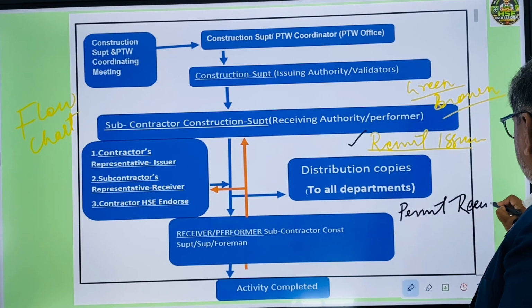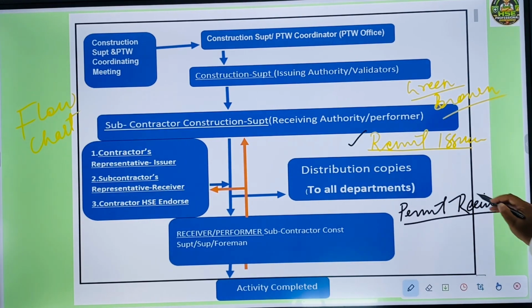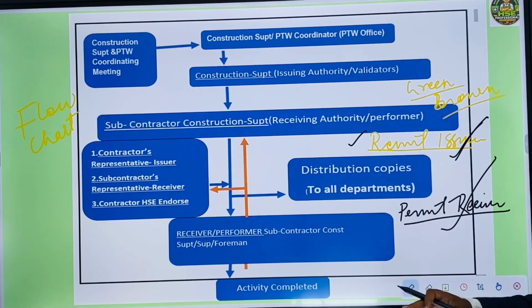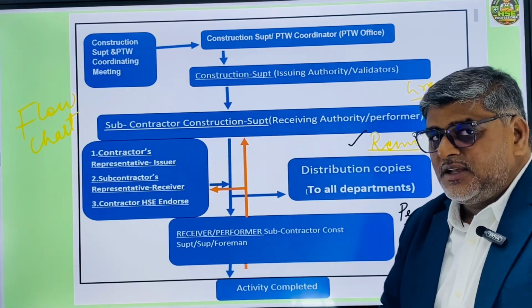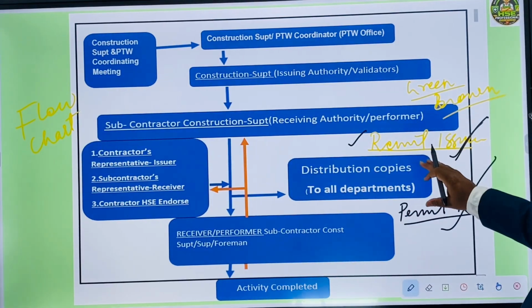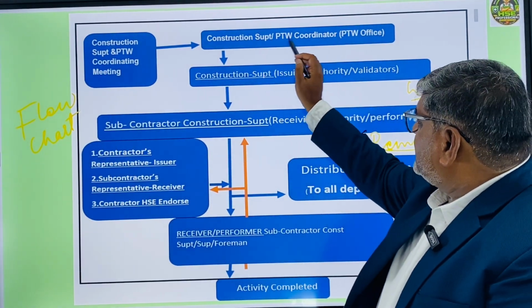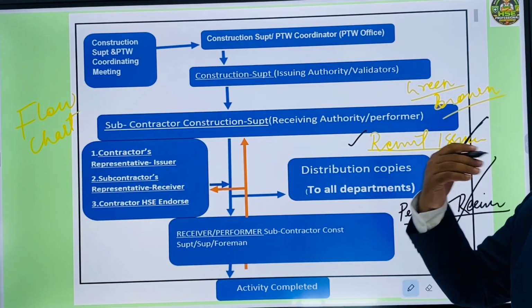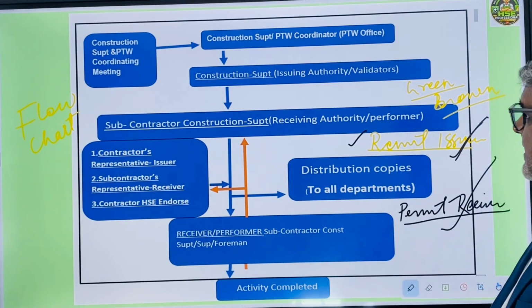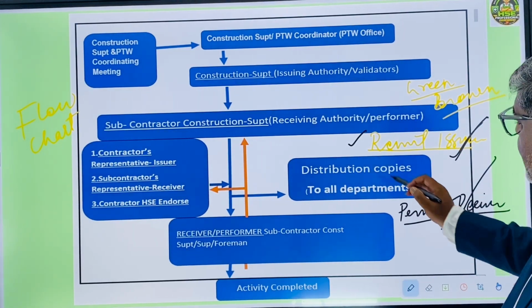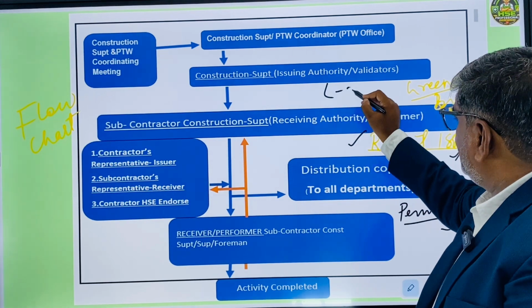This authority is going to issue the permit, and this authority is going to receive the permit. So the management will approach both of them, and there will be a construction superintendent or a construction manager. They will sit together, saying we need a permit for, suppose, L25.